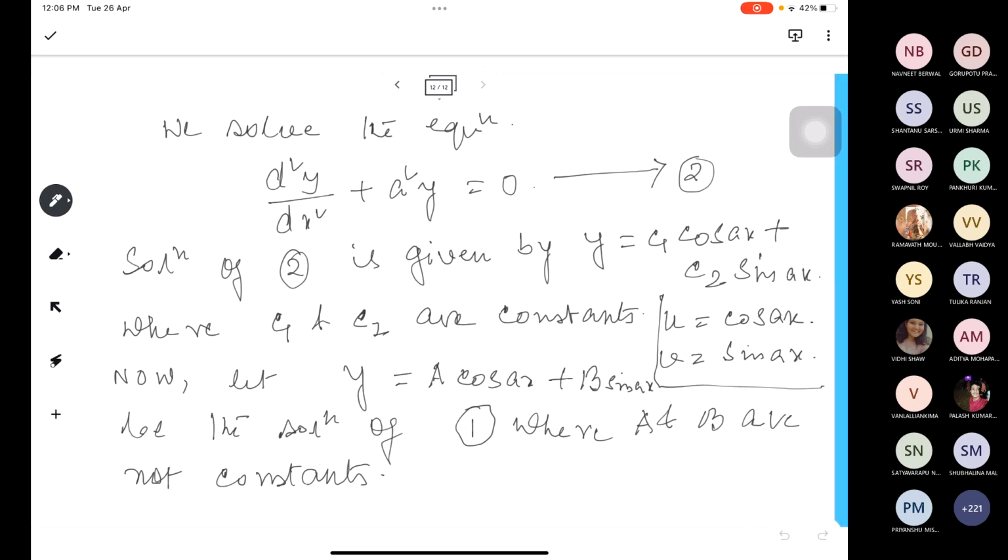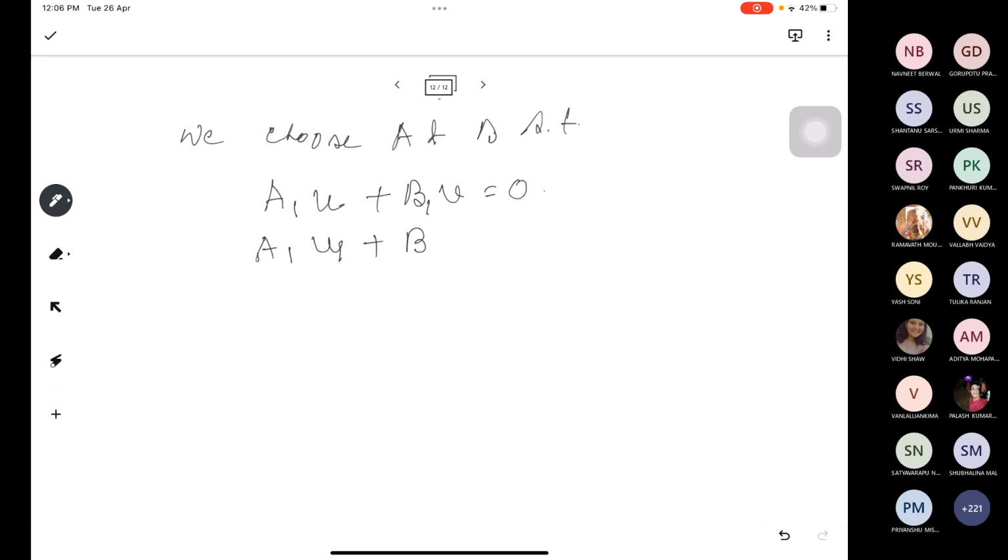Now we choose A and B such that A1 U plus B1 V is equal to 0.